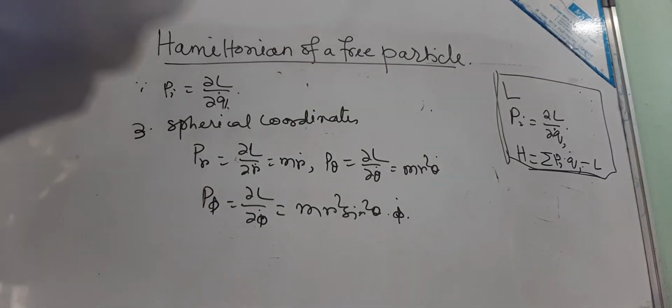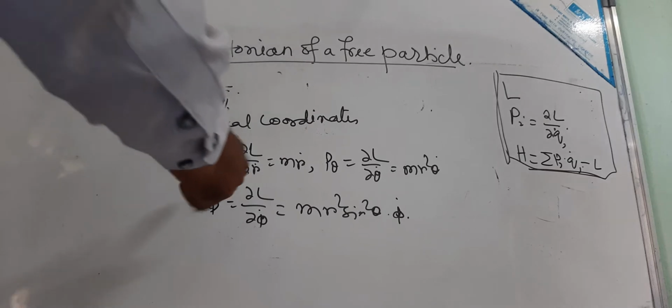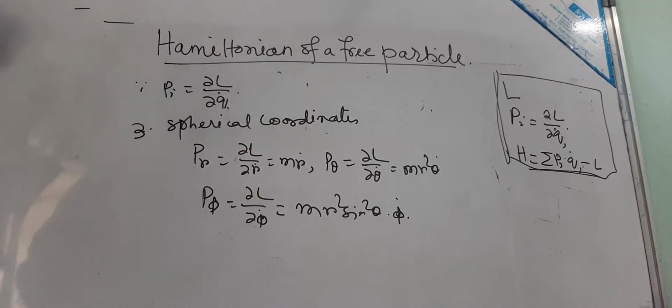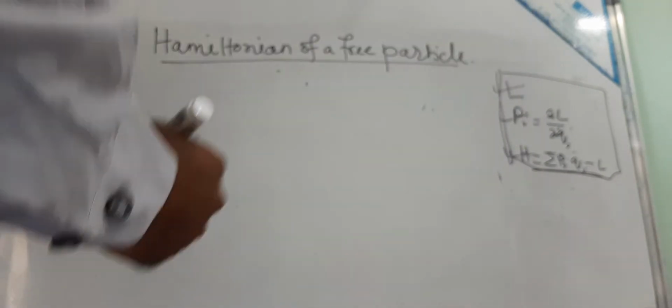So we found the momentum from the corresponding Lagrangian. Now we will find the corresponding Hamiltonian of the free particle. First we found the Lagrangian, then the momentum, and now the Hamiltonian.